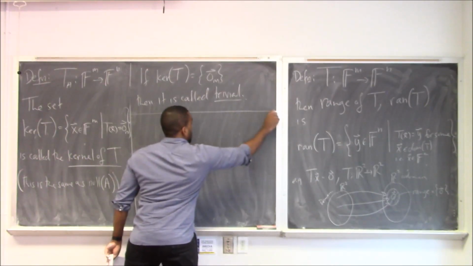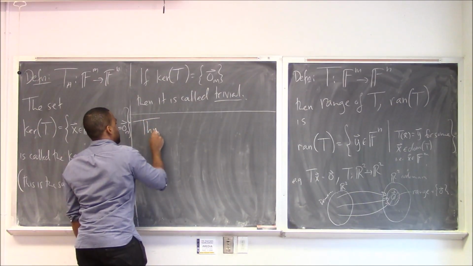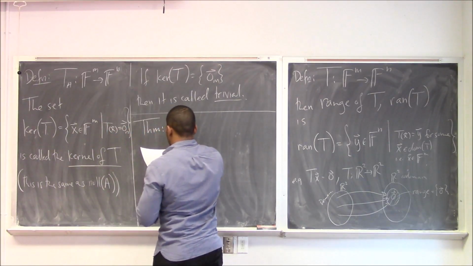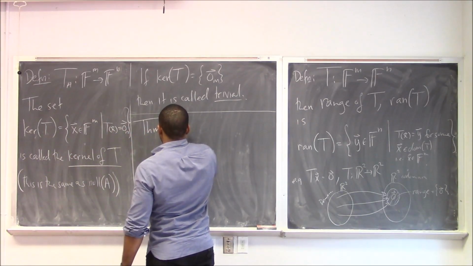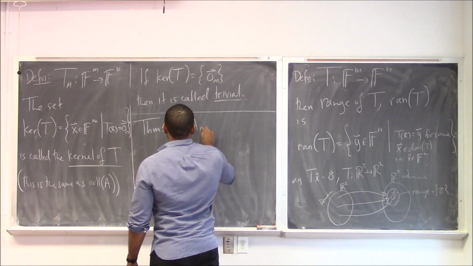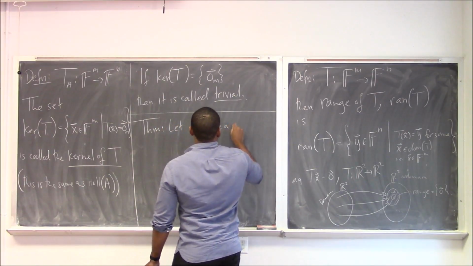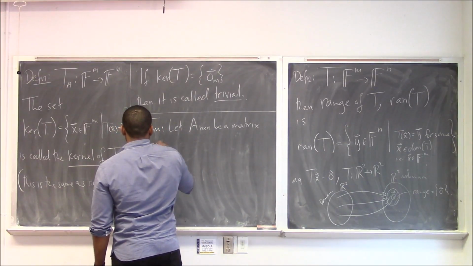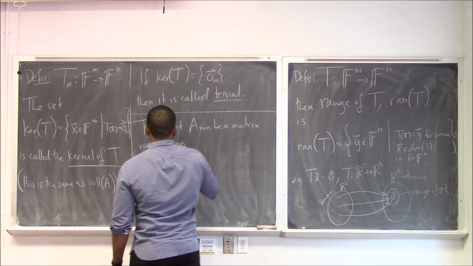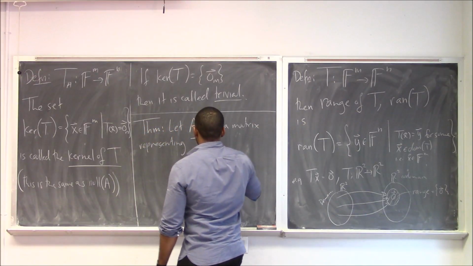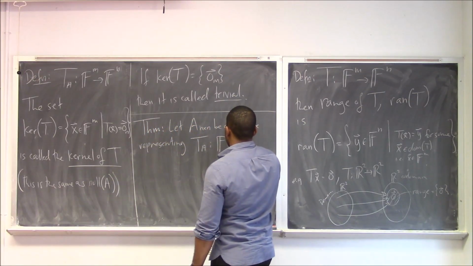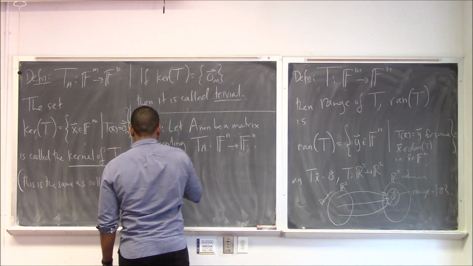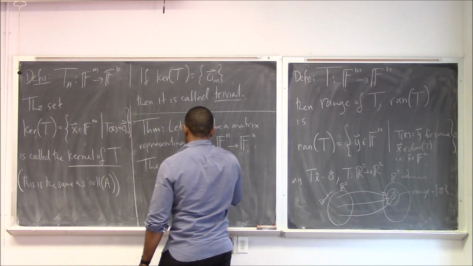So here's the theorem. Let A, n by n, be a matrix representing T_A from Fn to Fn. Then the following are equivalent.